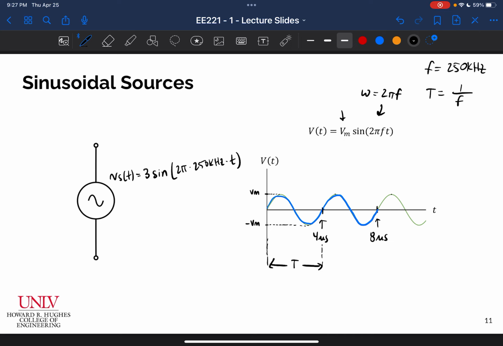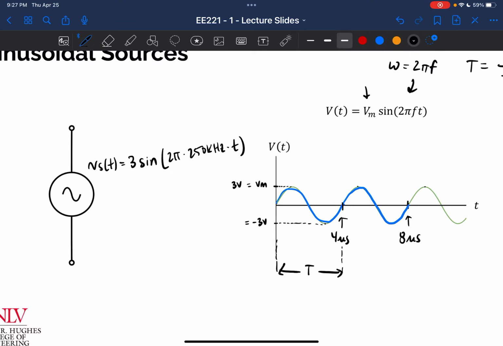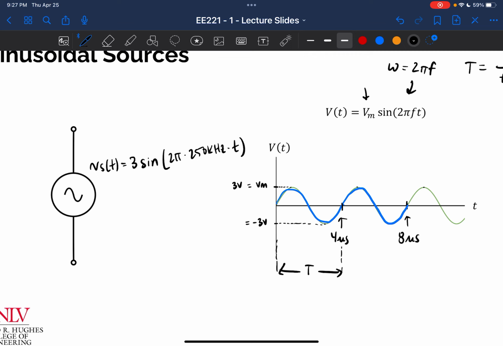And so in that case, my voltage Vm would be 3 volts. And this lower voltage here would be minus 3 volts. So this sine wave would be swinging between positive 3 and negative 3 volts, and it would complete a cycle every 4 microseconds. So that is what this expression derives.